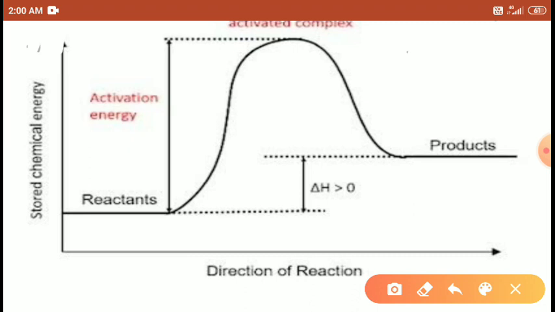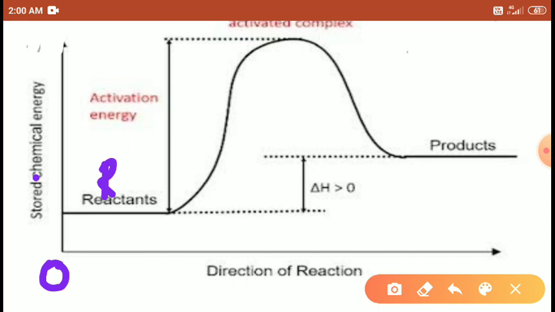So here is one graph given by Arrhenius, students: direction of reaction versus stored chemical energy. Any reactant, you may use hydrogen iodide, or I am simply using R generally. So the reactant is here, and its energy is 0.